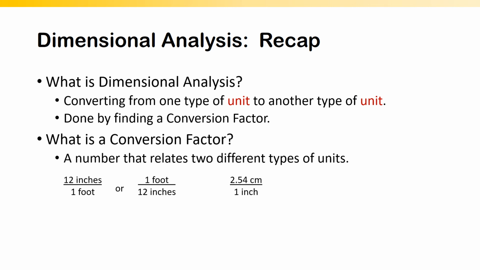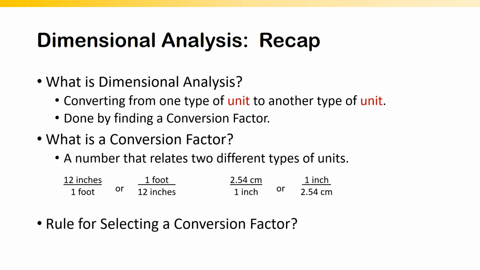And we learned that we're going to have to choose between two conversion factors when there is a relationship between units. And finally, we came up with a way to determine which conversion factor to use. And we said that the units that you seek go on top, which means that the units you seek go in the numerator, and it also means that the units you seek to eliminate go in the denominator.